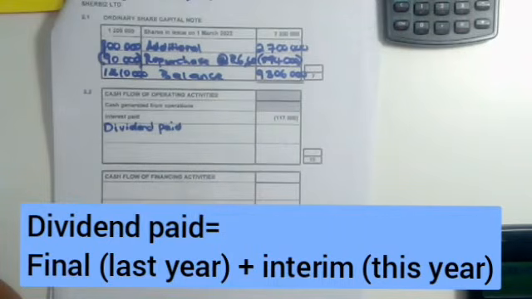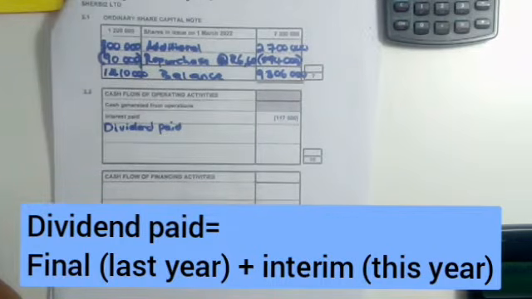But with final dividends, because the year was already at its end, whatever we declared in 2023, by the time we pay it, that would be in the next financial year. So we never get to pay the final dividend declared this year during this year.